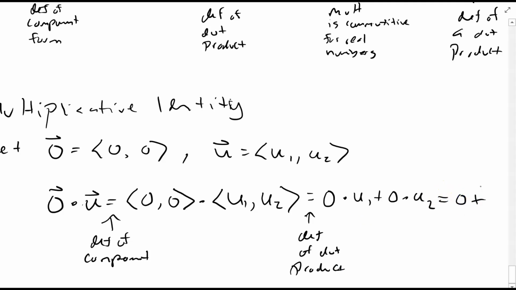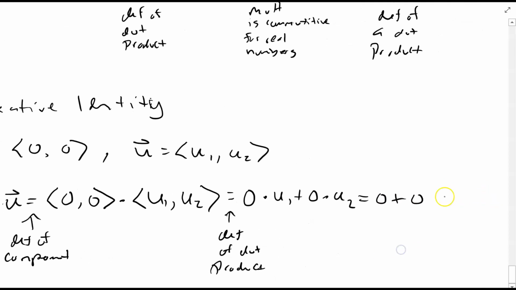What's 0 times u2? What's 0 plus 0? And we're done. That's not bad, right? Seems very obvious now that you've seen it done why that would have to be true.